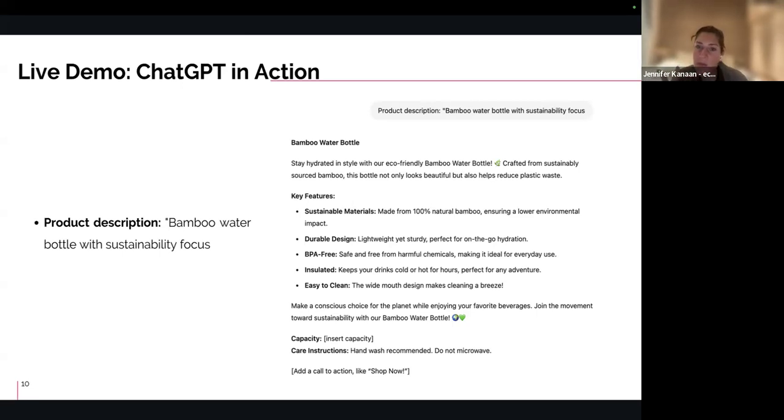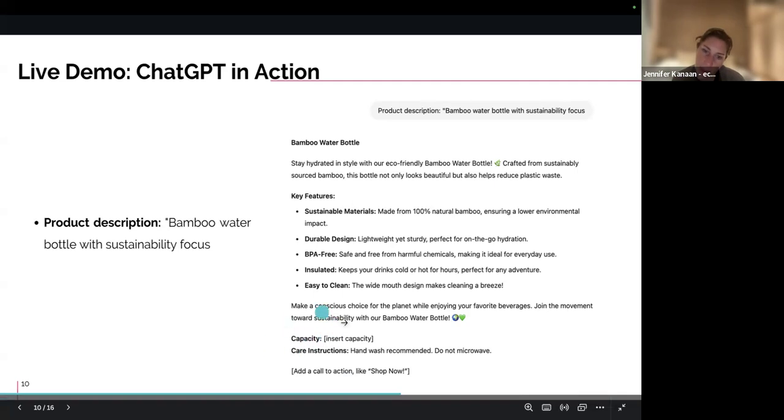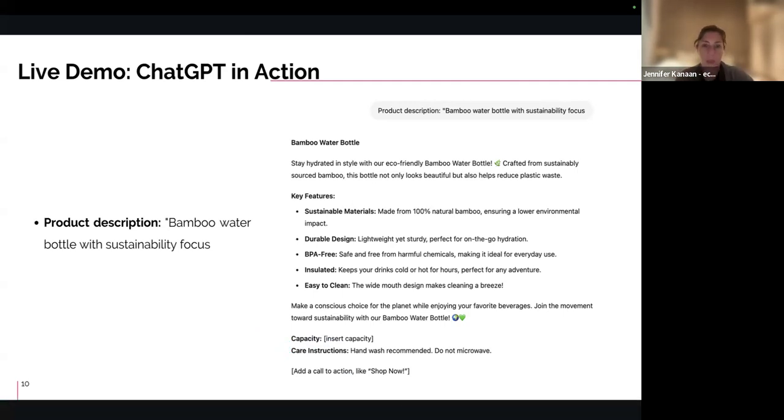As you see also, it's written in a way where it's easily scannable, because I think it assumed this is for an SEO optimized product page. And it suggested that we add the capacity, so how big is the water bottle, and the care instructions, which is something that we usually do not think of when we do product descriptions.